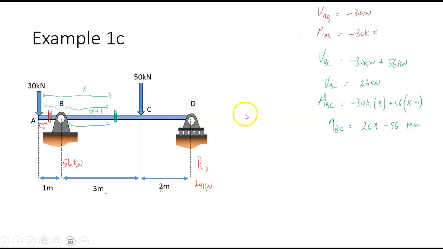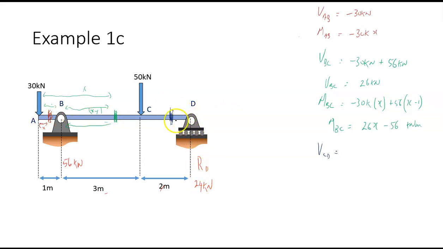And finally, we look at from C to D. So we're going to look at a segment in here. The shear force from C to D should be equal to everything on the left-hand side, but we also know that's going to be equal to everything on the right-hand side.